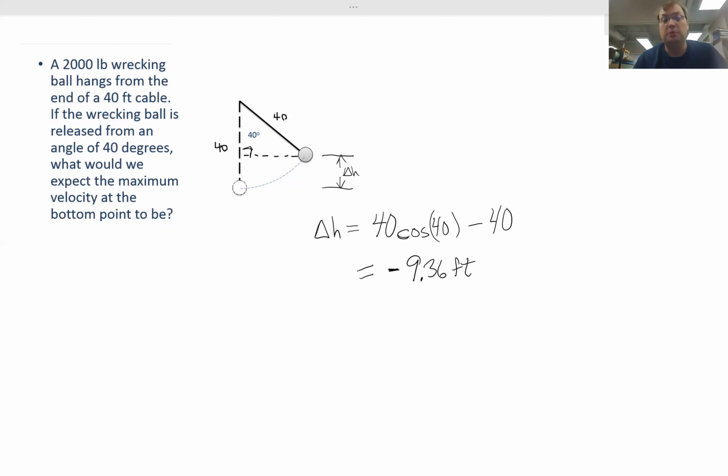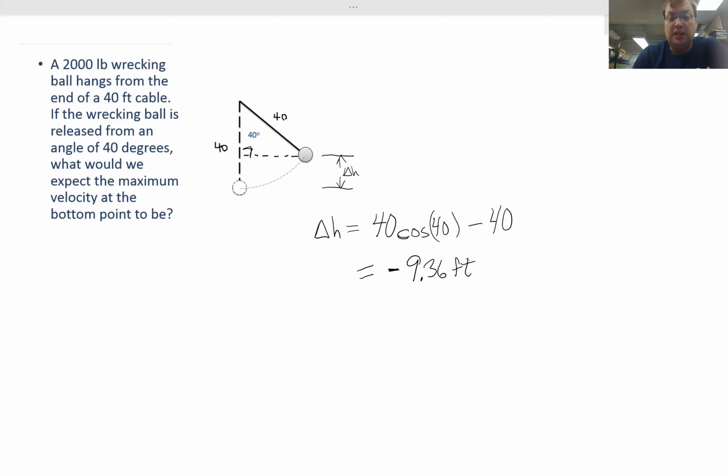In this case, we strictly have a height change causing movement, so we have kinetic energy being created while we're losing potential energy. That transition of energy from potential energy to kinetic energy is what we're looking at here.